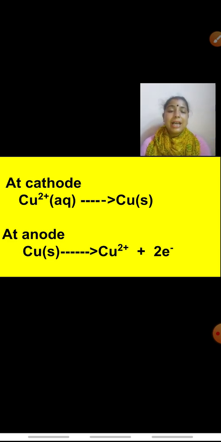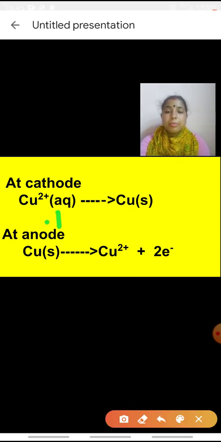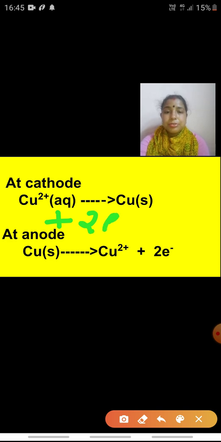You will write it as Cu2+ plus 2 electrons gives Cu. And at anode, what is happening? At anode, Cu is getting dissolved. The anode, which is the electrode, gets dissolved in the solution and converts to Cu2+ plus 2 electrons.